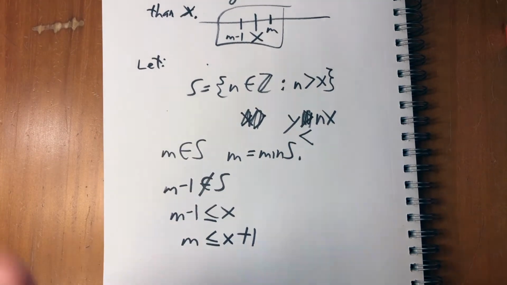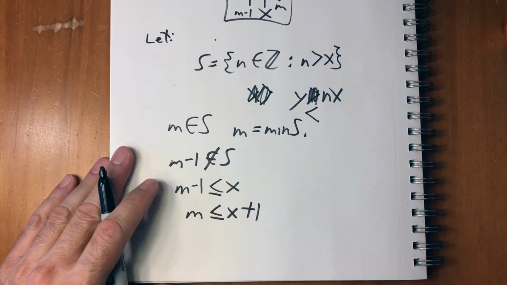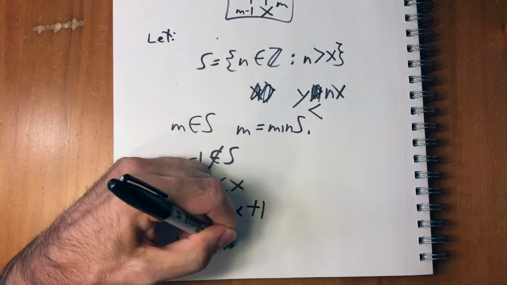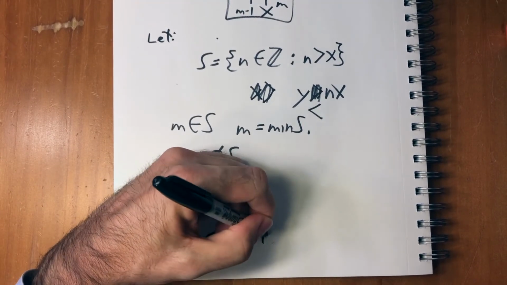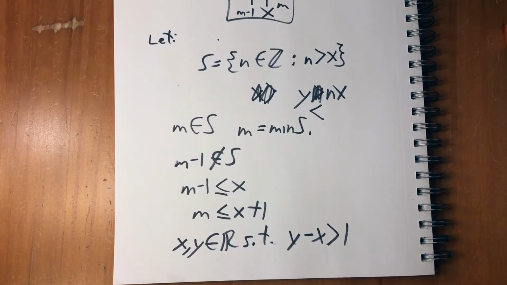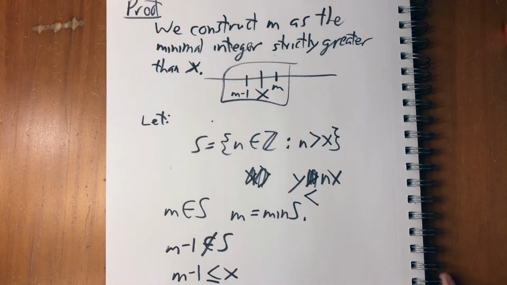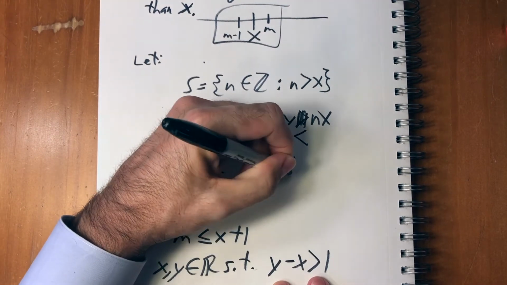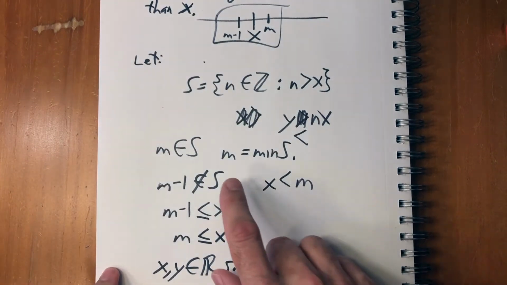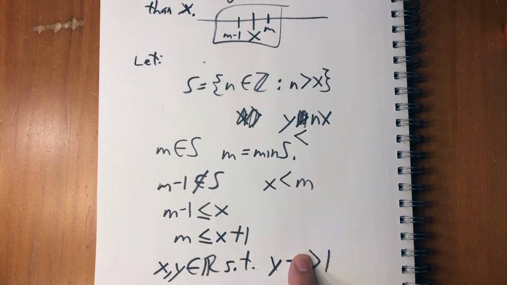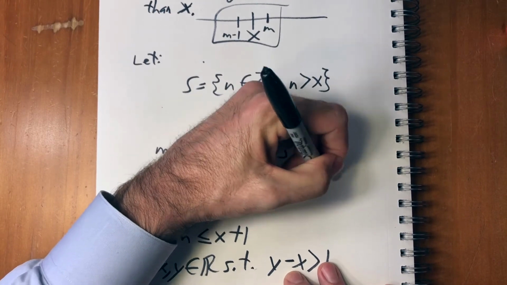Now, remember, we started by saying that the very first given is that there's an x and a y element of R such that y minus x is greater than 1. So if we put all these inequalities together, we have that x is less than m, because m is in S, so x has to be less than m. And then we have that m is less than or equal to x plus 1.